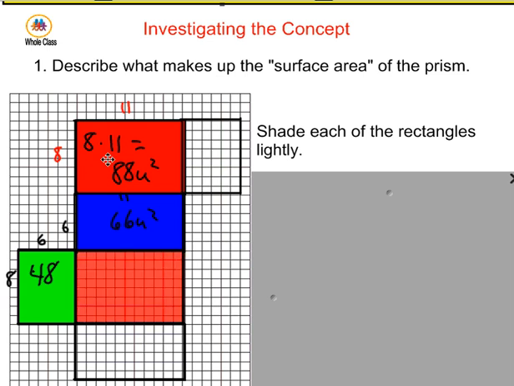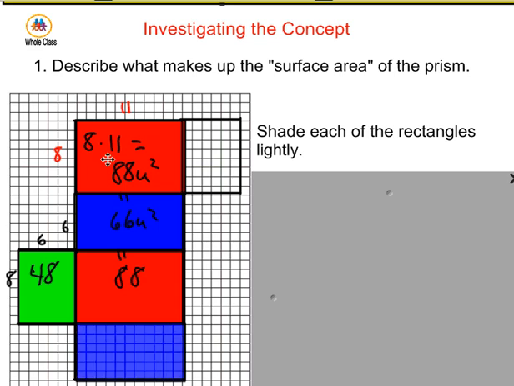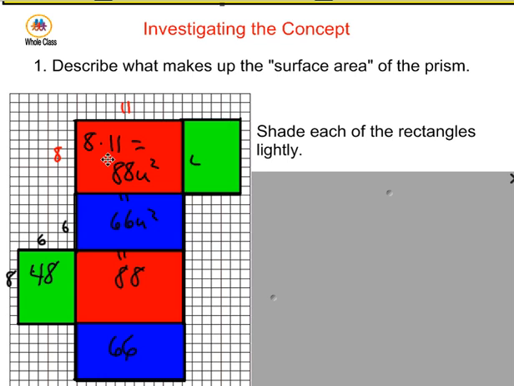This one here, we know it's 11, and we know it's 8 because these sides are parallel to each other and opposite, so they have to be identical. So this is 88. This would be 11 and 6, so this is 66, and this one has to match this one, so it's 48.